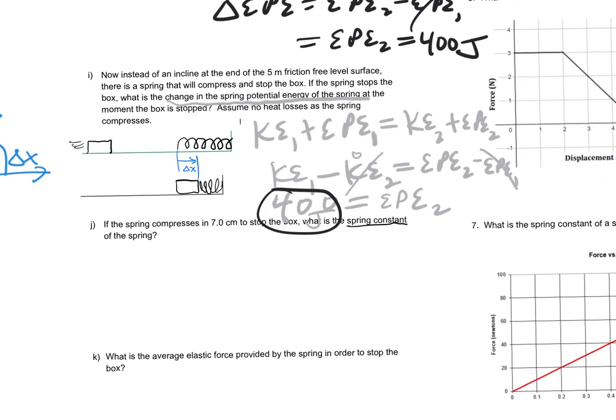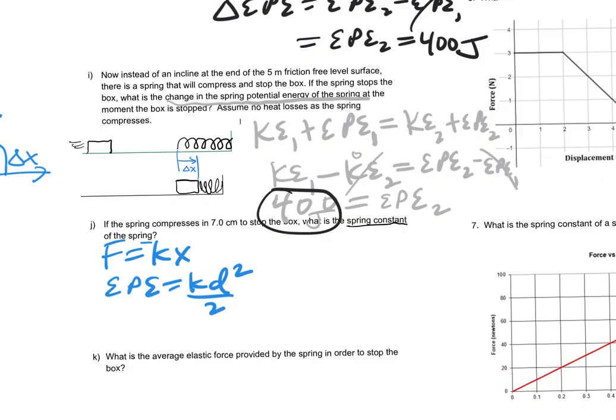Okay, as the spring compresses 7 centimeters to stop the box, what is the spring constant? You might be tempted to look at the two equations that have spring constant in them. I don't want to use the first one because I don't have any forces. I could find it, but it's kind of a hassle using other chapters.